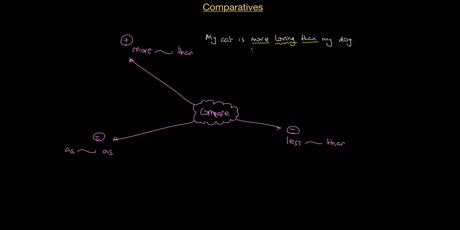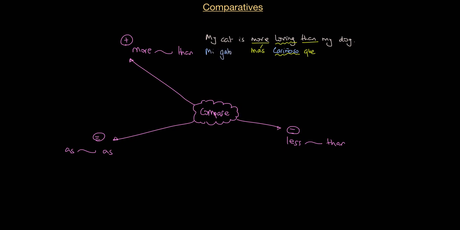In Spanish, I'm going to change this more for más. I'm going to change this than for que, and I'm going to keep the adjective where it is. So in this case, loving is the Spanish cariñoso, okay? So if I translate this sentence, my cat is mi gato.